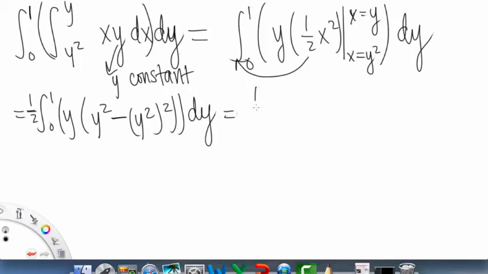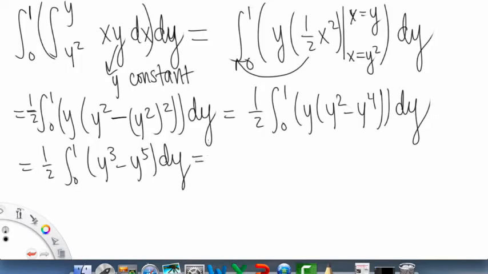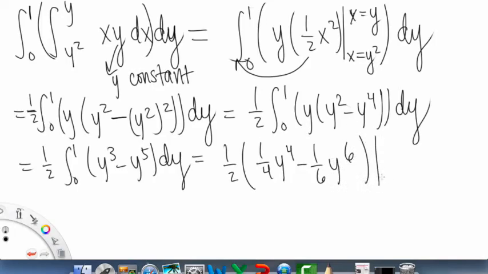Now I'm going to simplify, and this will be y times y squared minus y to the 4th, and then a dy, and then we get that this is 1/2, 0 to 1, of y to the 3rd minus y to the 5th, dy. Now, again, we're back to single variable calculus, so 1/2, and then we have 1 over 4 y to the 4th minus 1 over 6 y to the 6th. And y goes from 0 to 1.